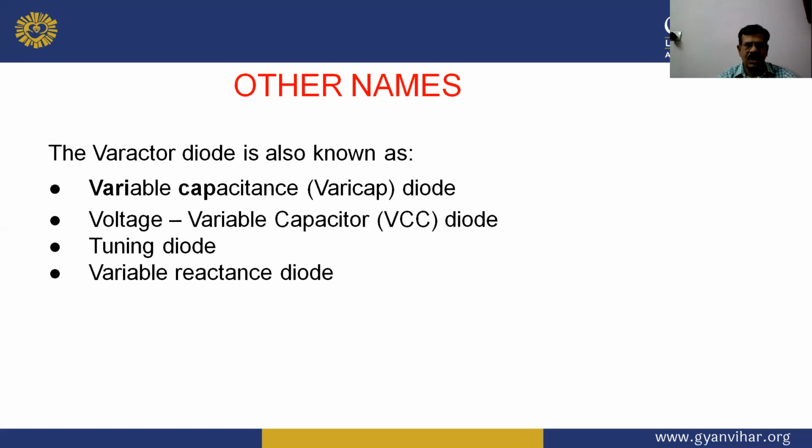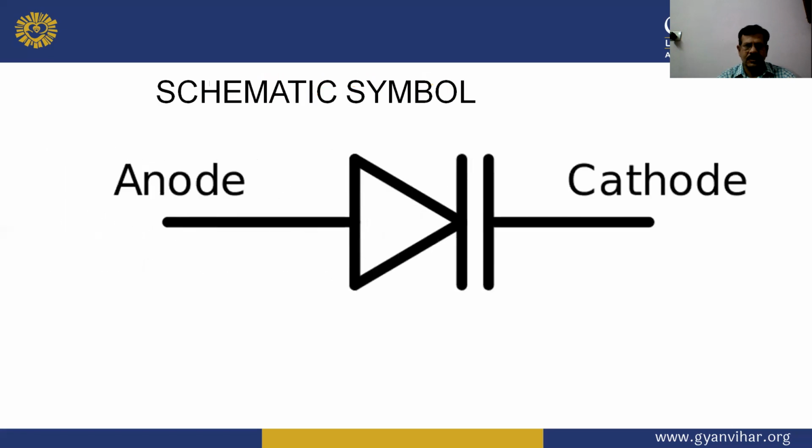So these are the other names of the varactor diode. This is the schematic symbol of the varactor diode. It has two terminals. One is the anode and the second one is the cathode. So it is a two terminal device. Anode is the positive terminal and cathode is the negative terminal.